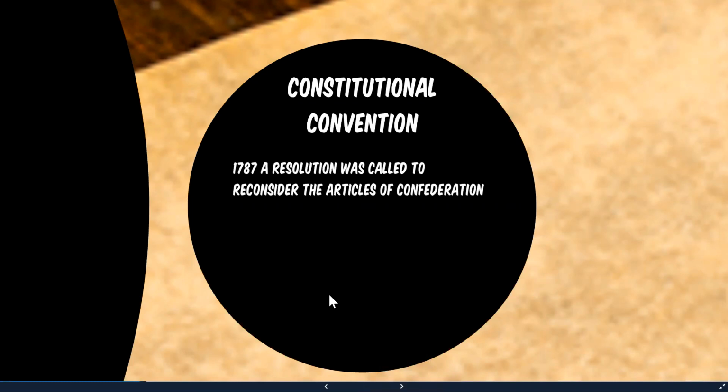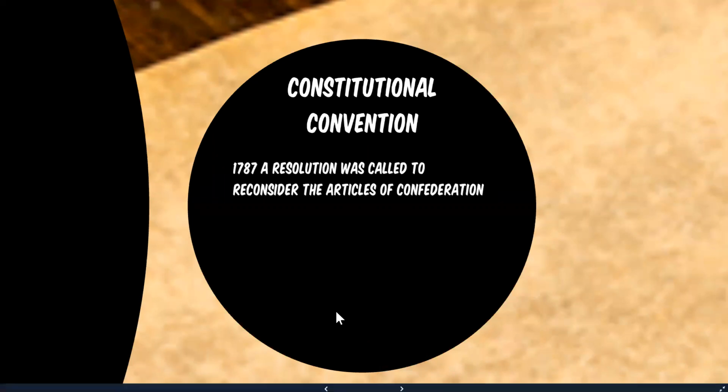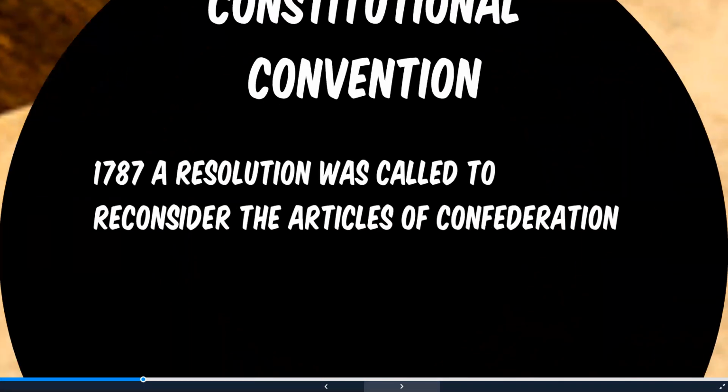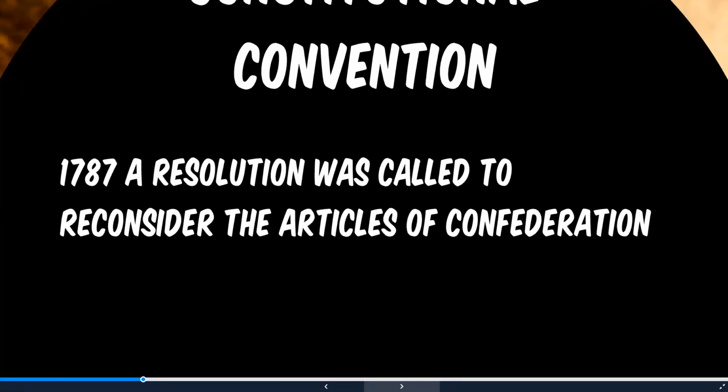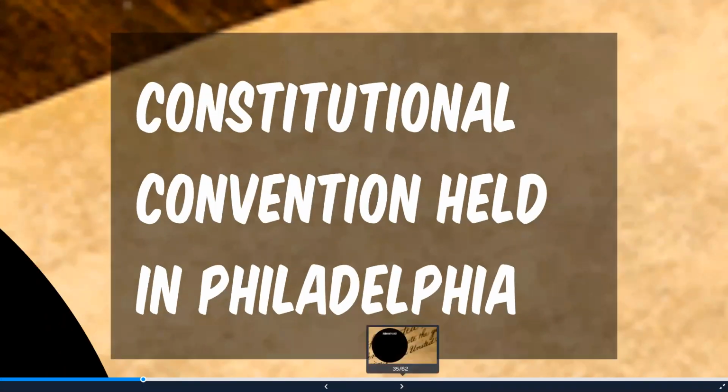So in 1787, a resolution was called to reconsider the Articles of Confederation. Really the Articles of Confederation was the first draft of the Constitution. It wasn't the Constitution yet, but it was the first written document that we had as this country that gave central government some powers. So we needed to reconsider those. Therefore, we had a constitutional convention in Philadelphia.